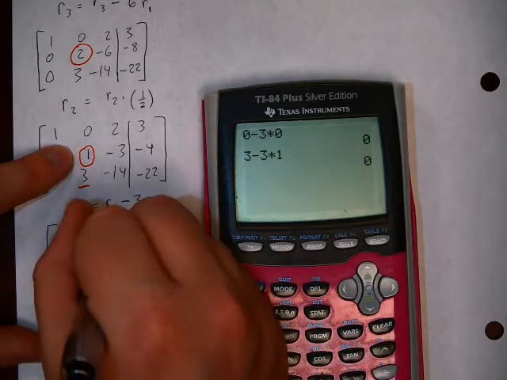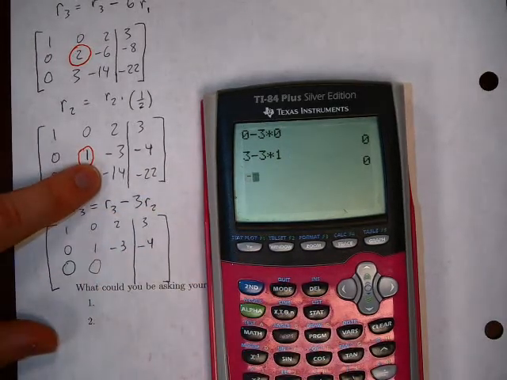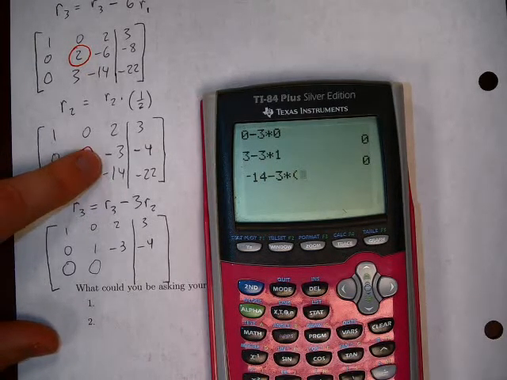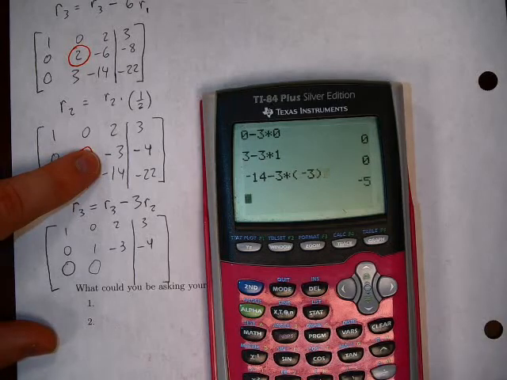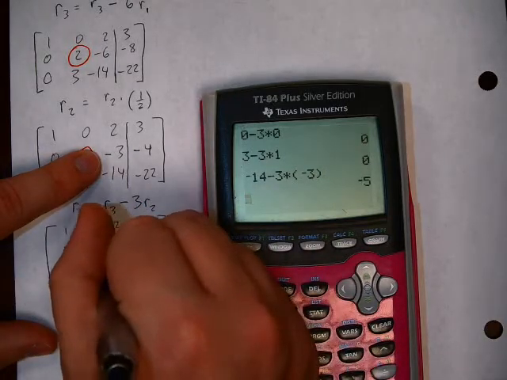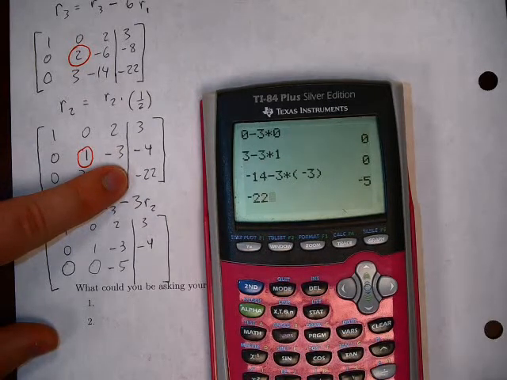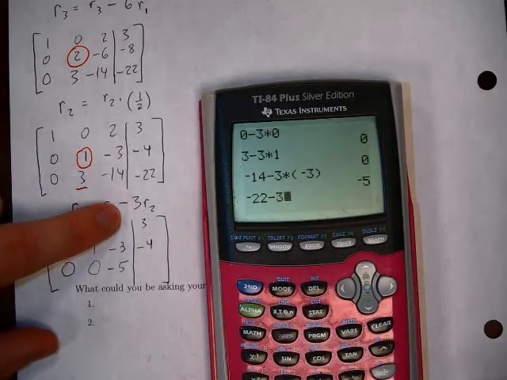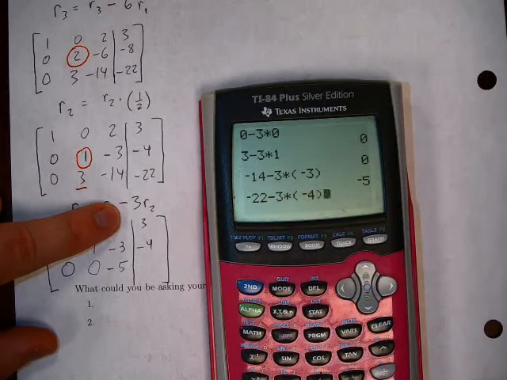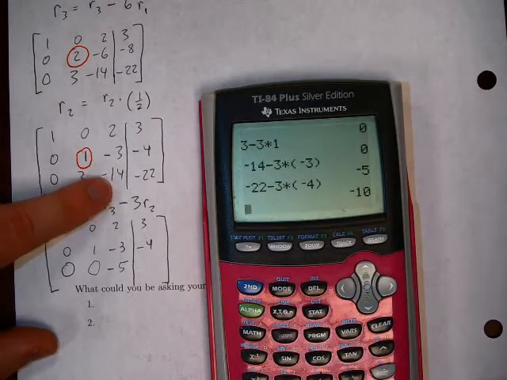So that'll give us 0. Next entry is negative 14 minus 3 times the entry above that, which is negative 3. So we'll get negative 5. And the last entry will be negative 22 minus 3 times negative 4. And so that'll give us negative 10.